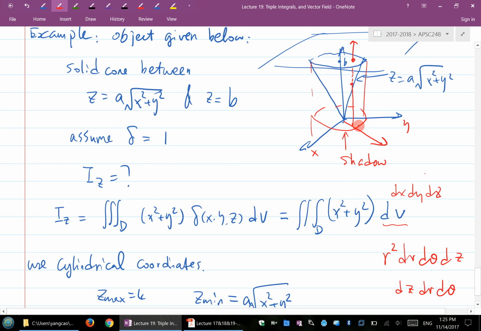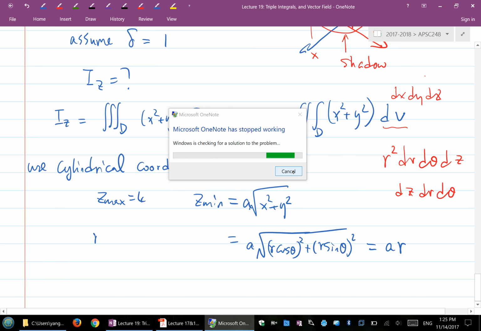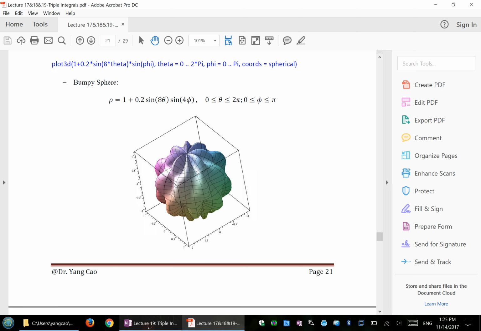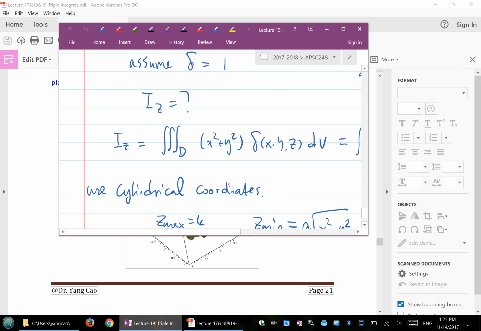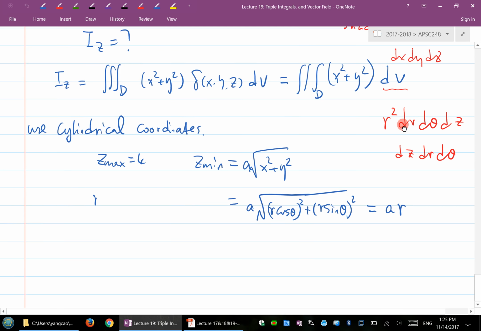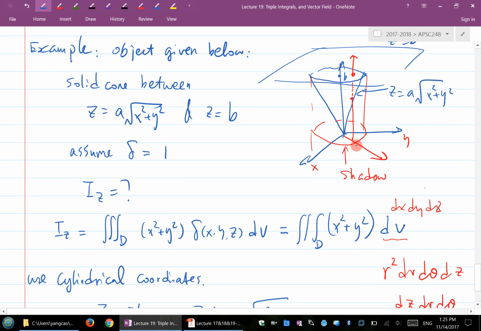So r min is quite simple: r min is definitely 0, right? What is r max then? R max is the radius of the circle. But what's the radius of the circle?